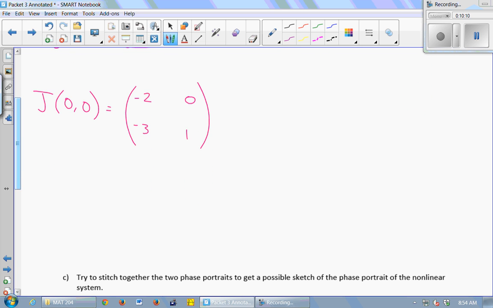And then how do I figure out what the phase portrait looks like? Just get the eigenvalues, yep. So I would do negative 2 minus lambda times 1 minus lambda minus 0 equals 0. And I get lambda would be negative 2 or positive 1.